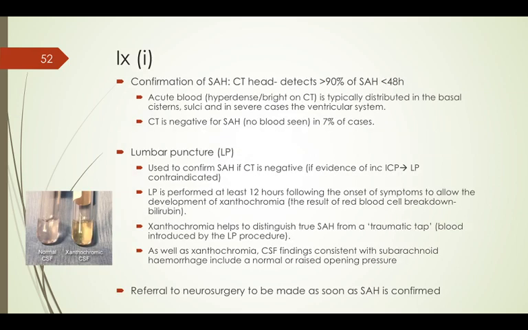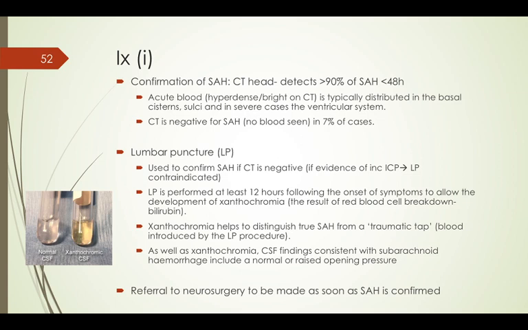Investigations that need doing are basically a CT head and a lumbar puncture. With the CT head, I've already shown you an image of it, but it can show hyperdense collections of blood within the basal cisterns, sulci, gyri, etc. However, some patients may have a negative CT scan.